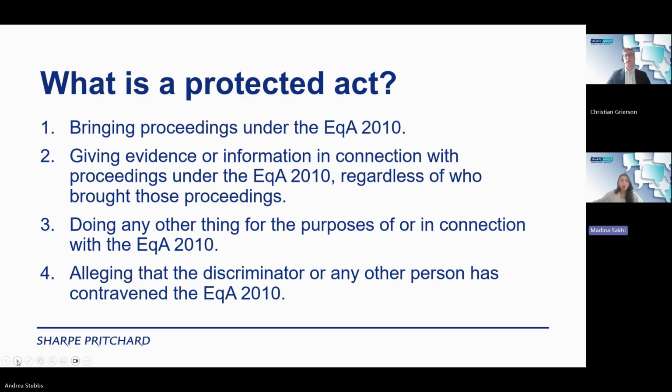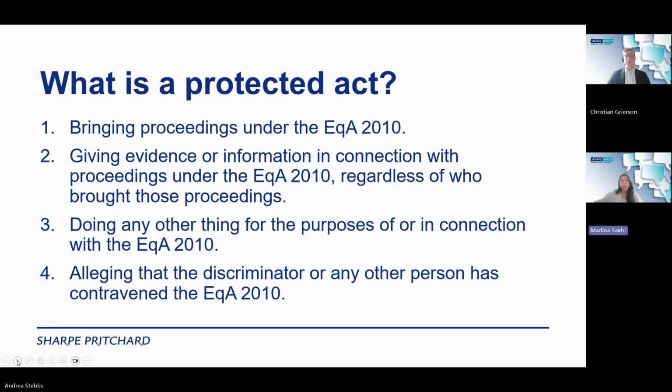So when we're talking about a protected act under Section 27 of the Equality Act, it lists 4 key definitions. Firstly, bringing proceedings under the Equality Act. So this is actually making a claim. This means that in practice, if an individual were to bring a claim for, say, unfair dismissal on its own, that is not a protected act under Section 27 because it's brought under the Employment Rights Act 1996, and not the Equality Act.